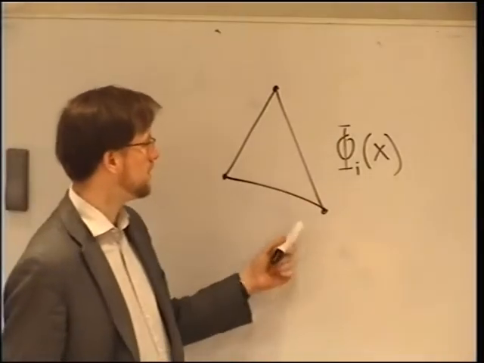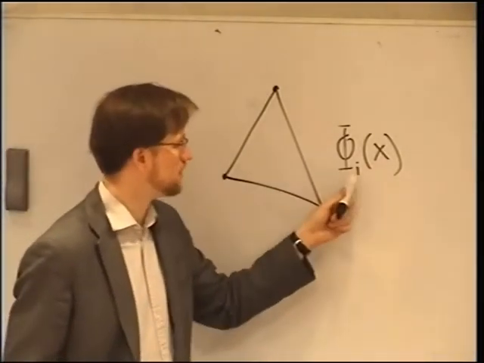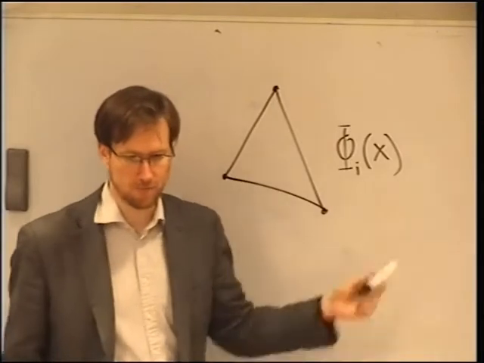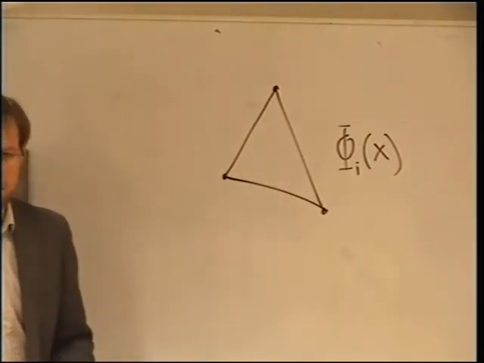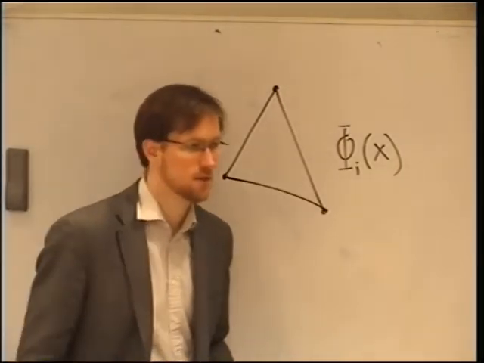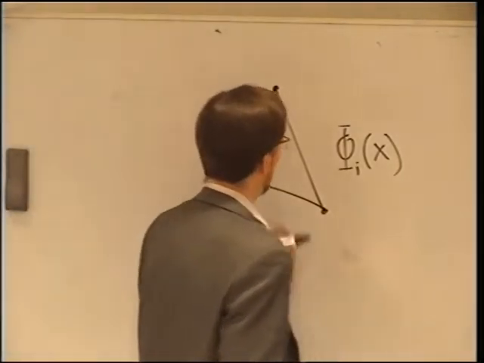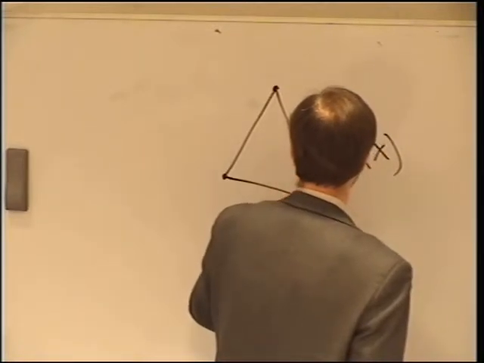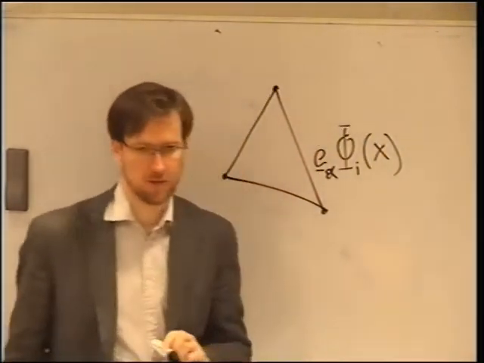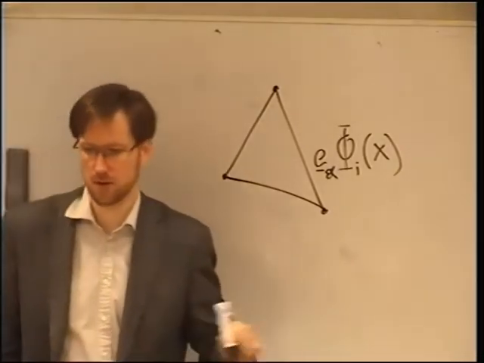So if we were in P1, then there would be 3 scalar value basis functions. And the easy way of getting a vector valued space is to simply multiply this by E alpha, where E alpha is one of the basis functions of the normal Cartesian space.